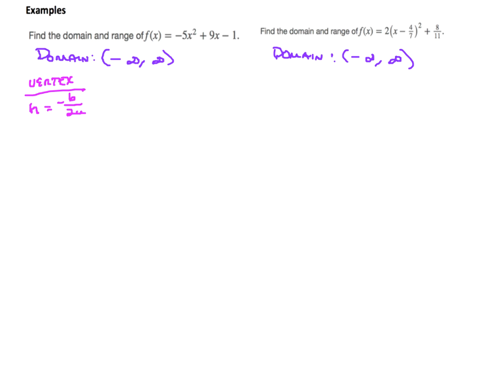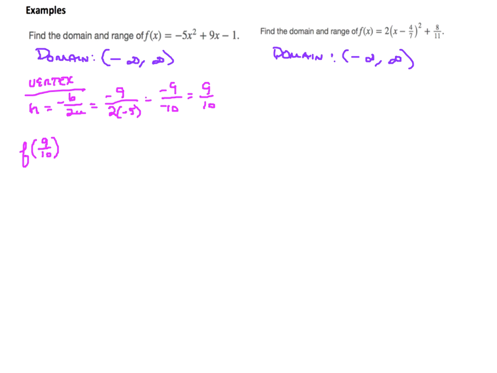For the x or the h coordinate, I need to do negative b over 2a. In this case, that's negative 9 over 2 times negative 5, which is negative 9 over negative 10, or 9/10. It doesn't really matter what my x-coordinate is, it's my y-coordinate when I'm dealing with my range that I'm interested in.